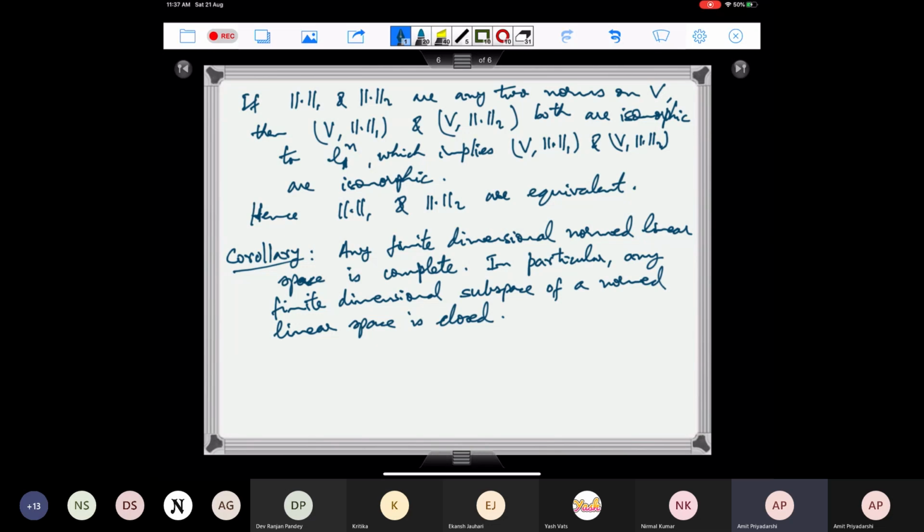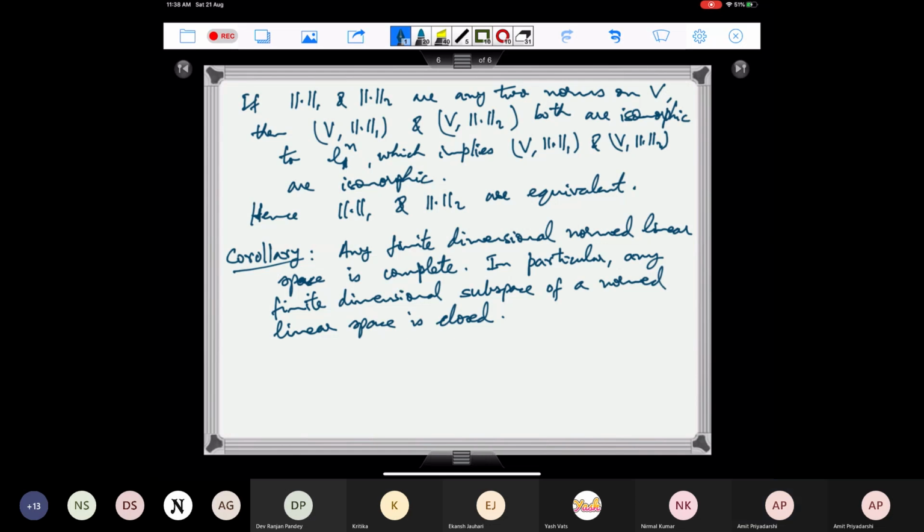So if you take any Cauchy sequence in a finite dimensional normed linear space, then because this is equivalent to the L1 norm, you get a Cauchy sequence in R^n with respect to the L1 norm, and we know that it must converge, and therefore this will converge.